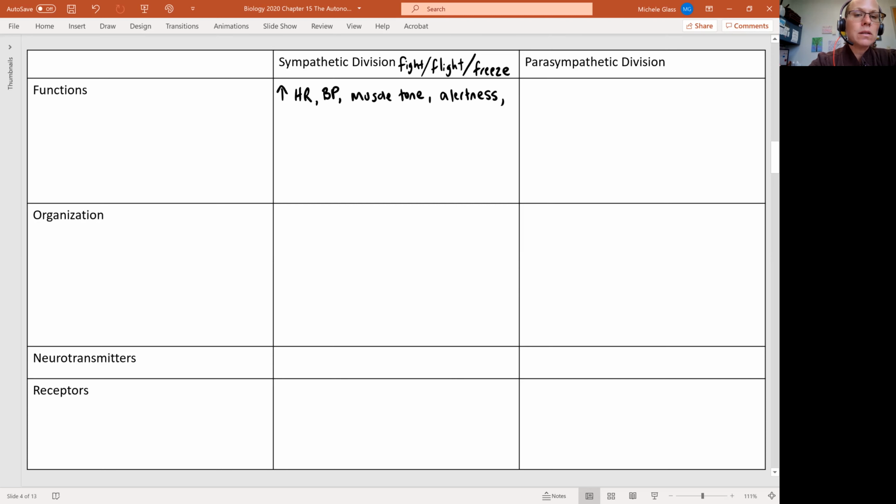We're going to increase the pupil diameter, which is going to be important in making sure we're getting our maximum ability to see what's going on. We're going to increase our sweat production, because if we're getting ready to do a lot of skeletal muscle activity, all of those contractions are going to generate heat, and we need to be able to cool the body down.